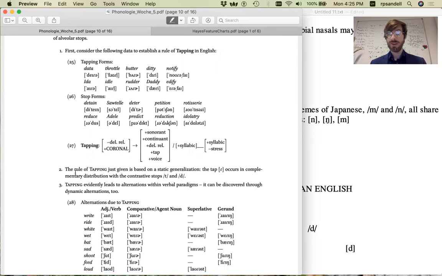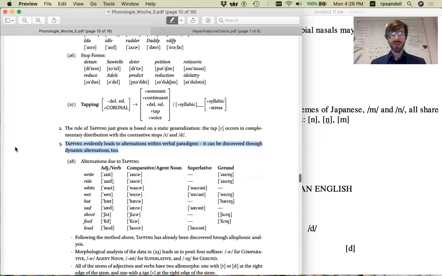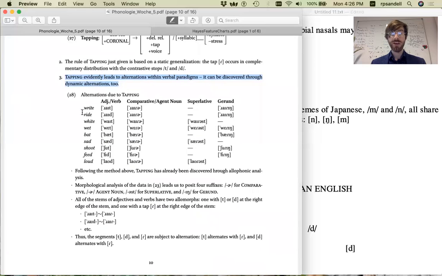But what's more interesting is when we find dynamic data, in which tapping can lead to alternations within verbal paradigms or within other derived forms built to the same verb or adjective. So let's look at some data in 28 where we find alternations in the form of the consonant at the right edge of an adjective or a verb.